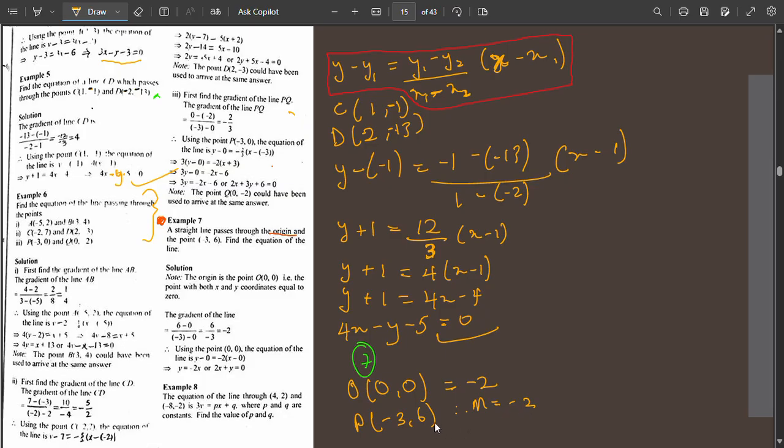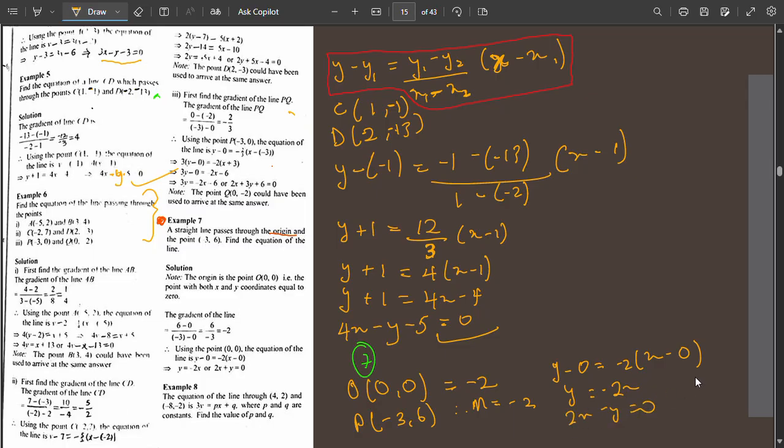So the equation becomes y minus 0, I can use 0 as my point, is equal to -2 bracket x minus 0. So that's simple. y is equal to -2x. So 2x plus y is equal to 0.